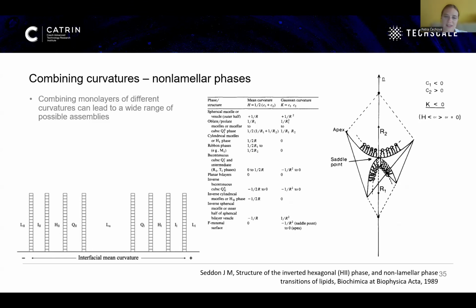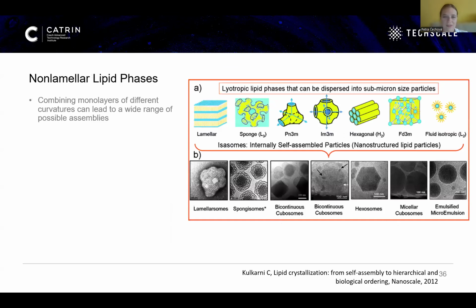So to illustrate that a little more clearly, these are the inverse phases that have been described theoretically and that have been observed in real life, as you can see. So starting from the normal bilayer, multilayer lamellar phase, we can get to sponge phase.